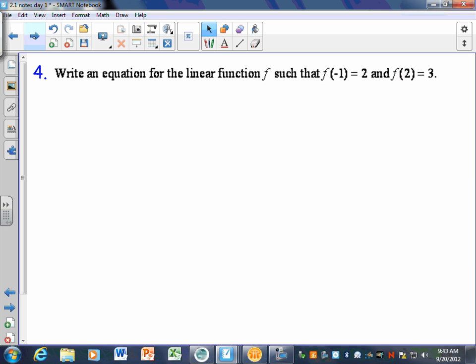All right, let's look at this one. It says write an equation for the linear function f such that f of -1 equals 2 and f of 2 equals 3.